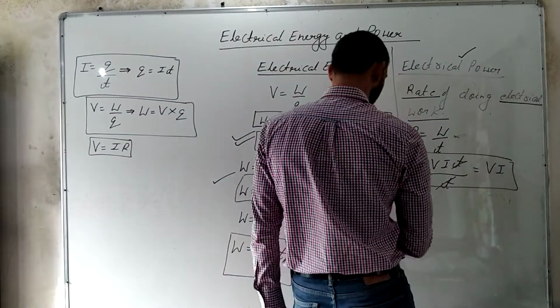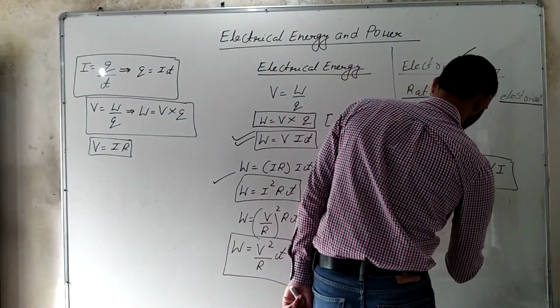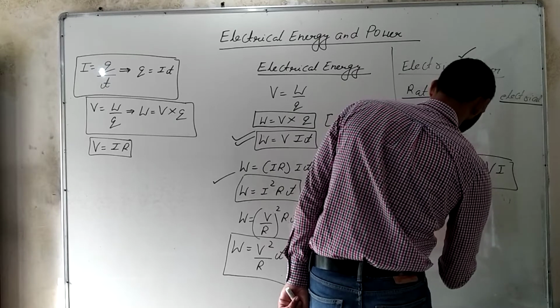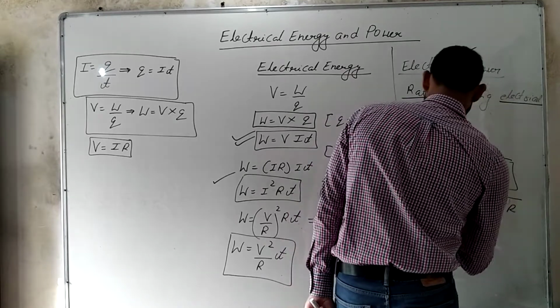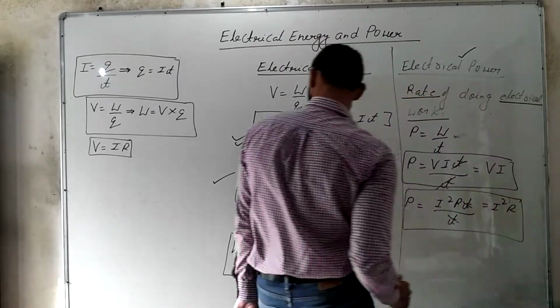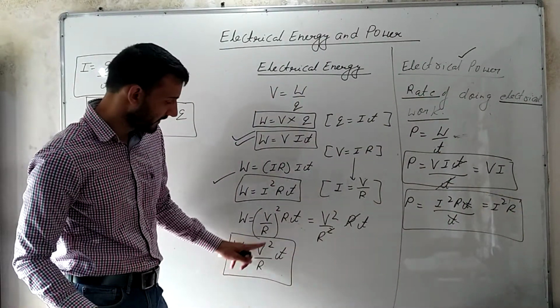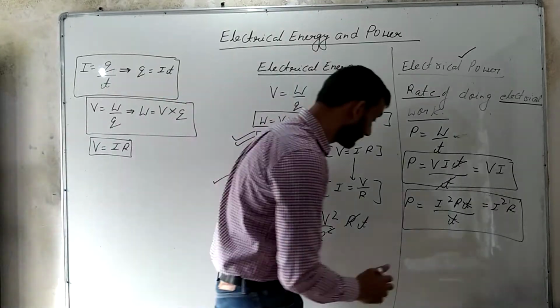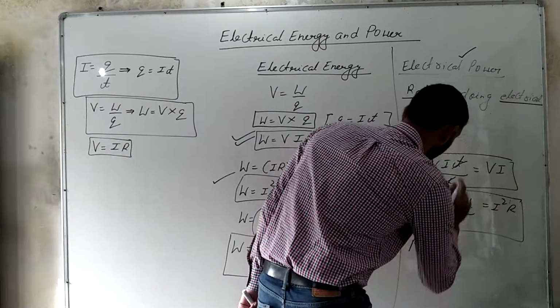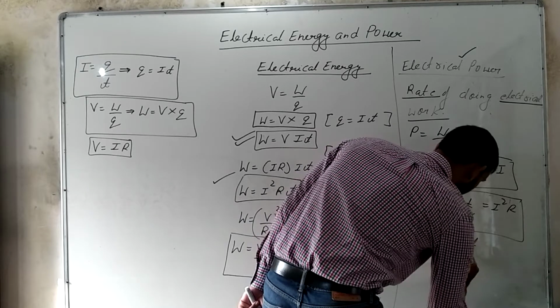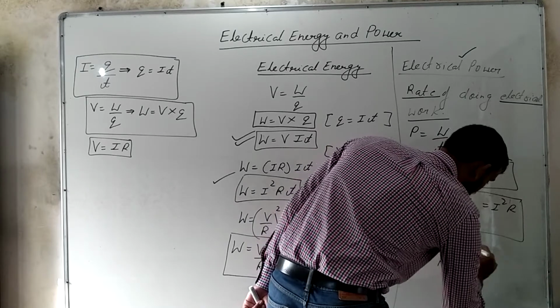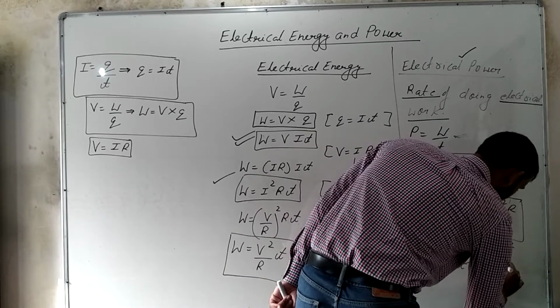In place of work, if I put I square RT upon T, T goes off, it becomes I square R. This is second. Third, V square upon R into T. So if I put in place of work V square upon R into T divided by T, T goes off, it becomes V square upon R.